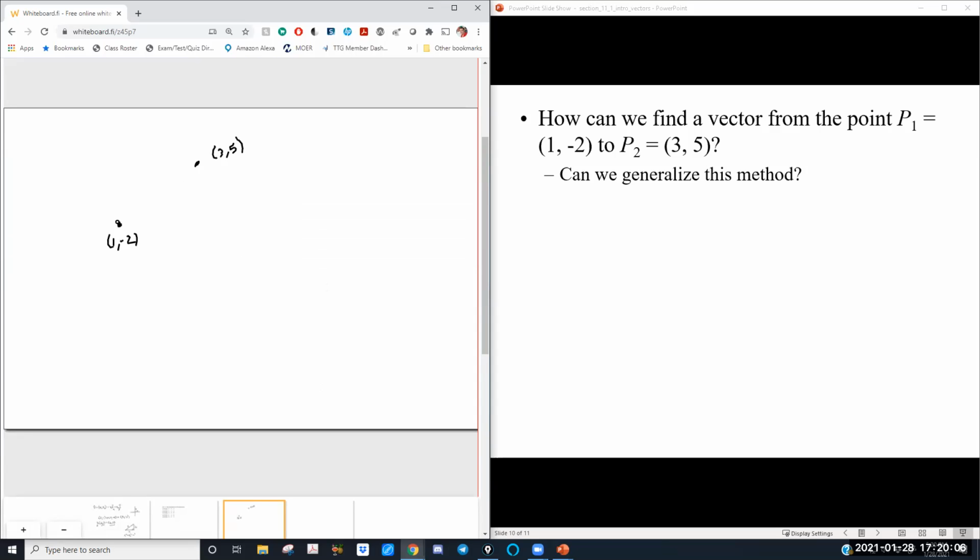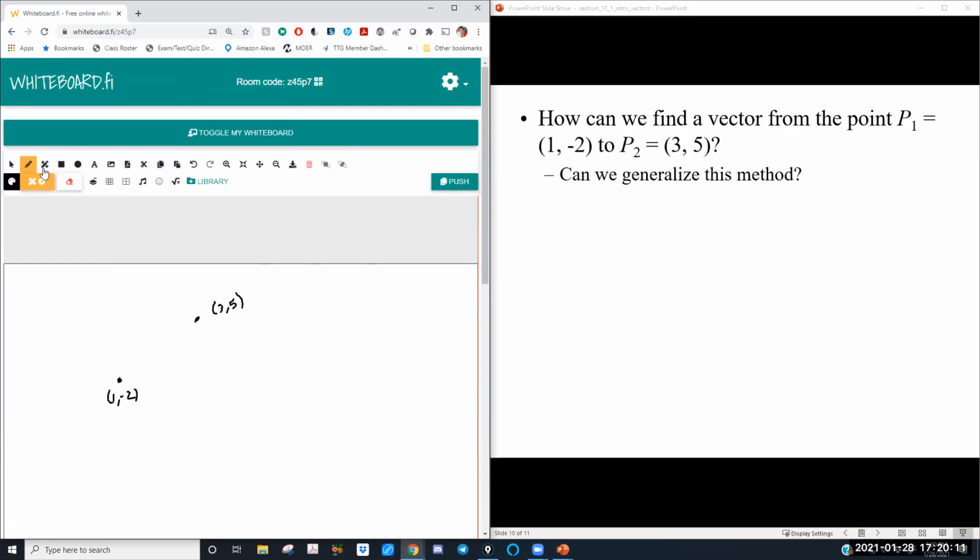And we want to start here and go to 3, 5. So we would be going that direction. That means our guy's pointing this way. Because again, remember the direction matters, whether we're going up and to the right or down and to the left.